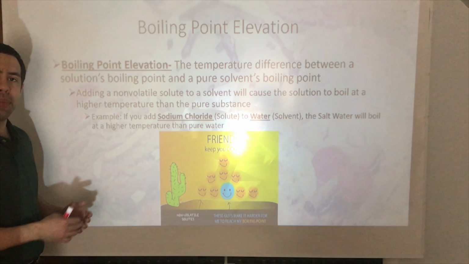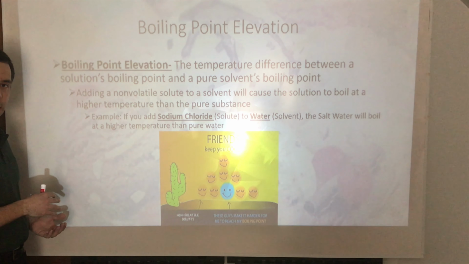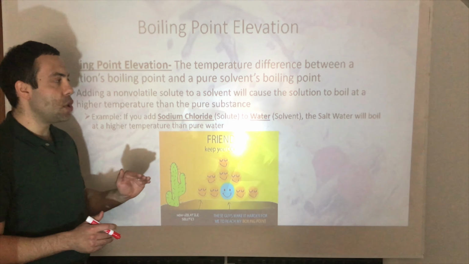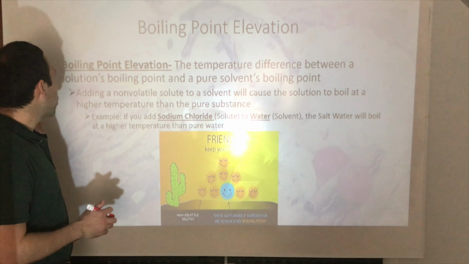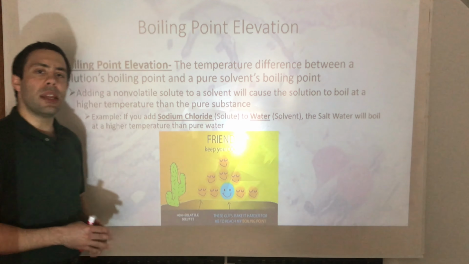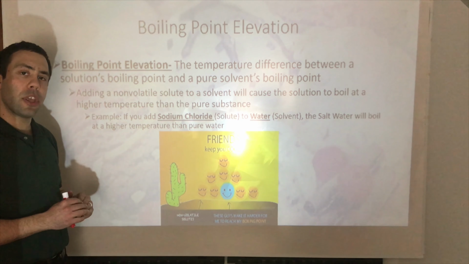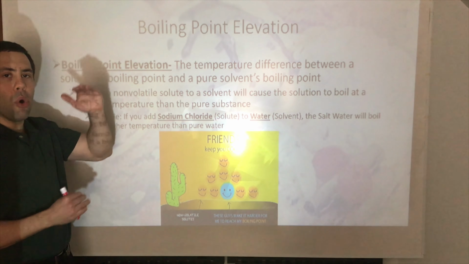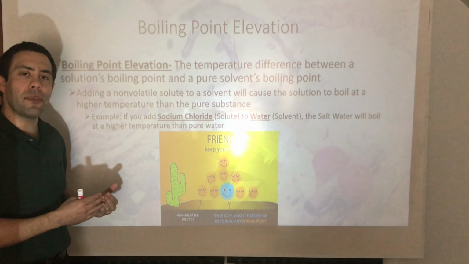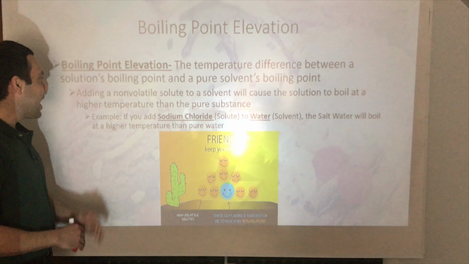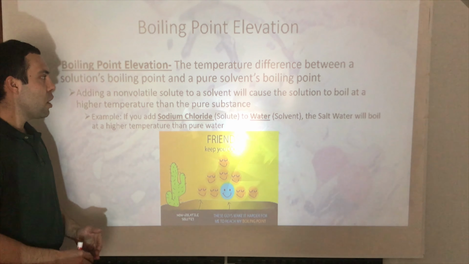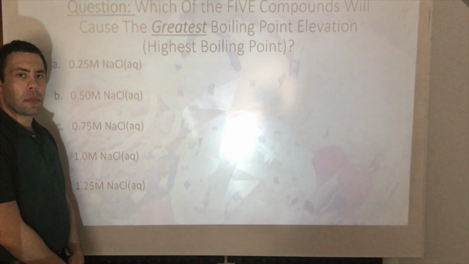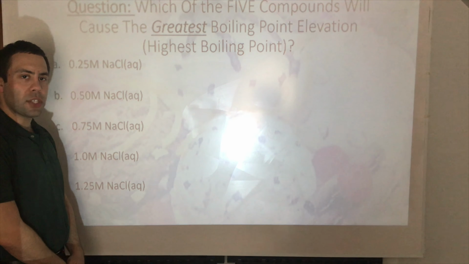In the last example, pure water boils at 100 degrees Celsius. When we add the little bit of sodium chloride to the solution, it went up to 101 degrees Celsius. The difference is 1 degree Celsius. The boiling point elevation is 1 degree Celsius. And of course, the boiling point elevation could be more with the more stuff you add to the solution. Adding a non-volatile solute to a solvent will cause the solution to boil at a higher temperature than the pure substance.